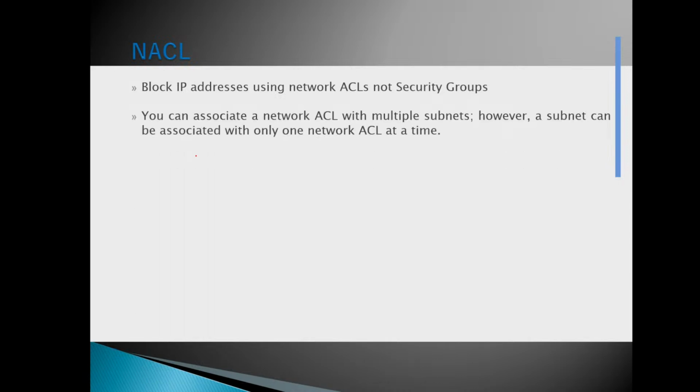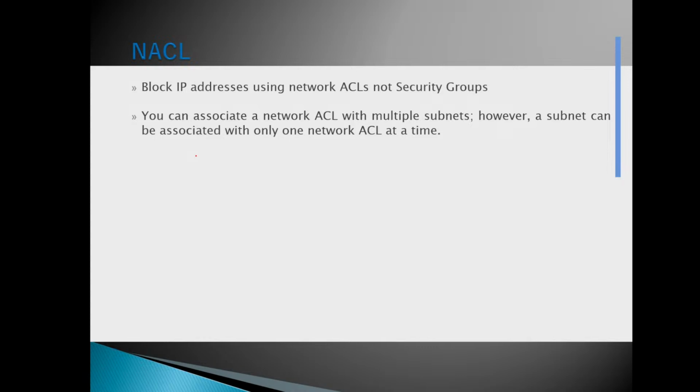You can associate a network ACL or NACL with multiple subnets. एक NACL multiple subnet से attach हो सकता है. But however, a single subnet can be attached to only one NACL. एक subnet, एक NACL. Just like your passport.